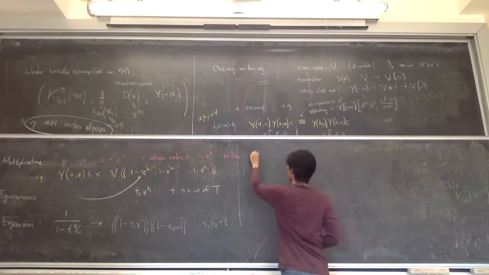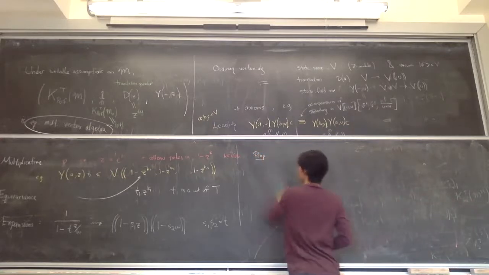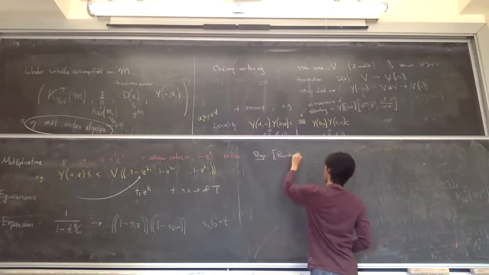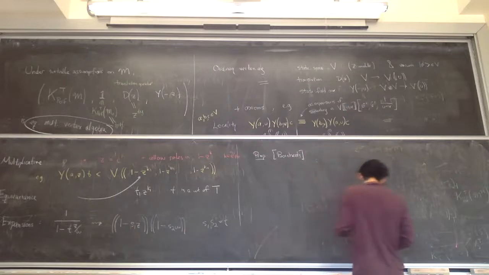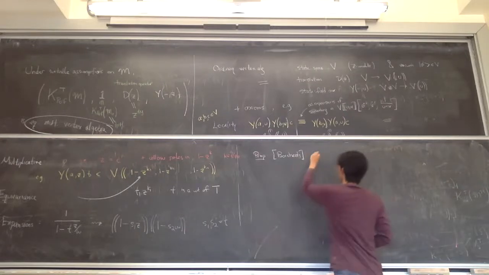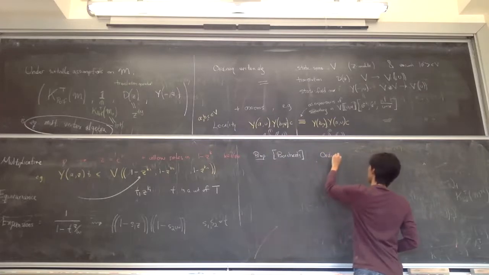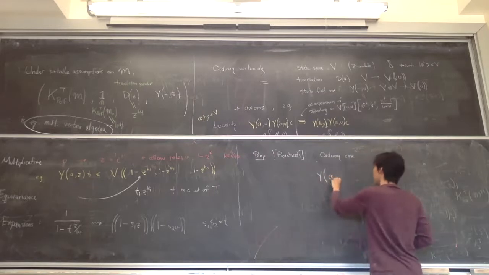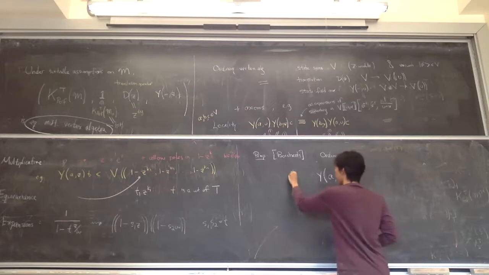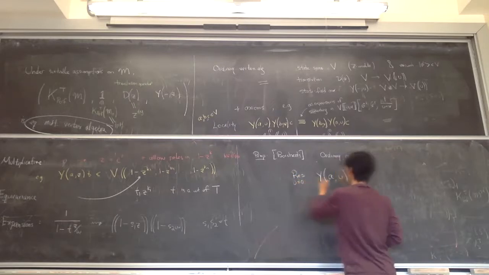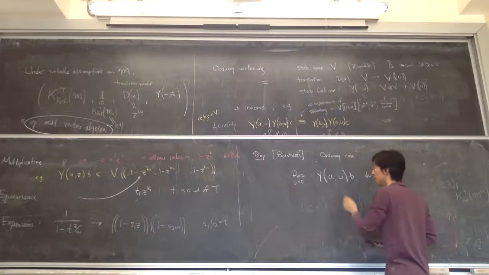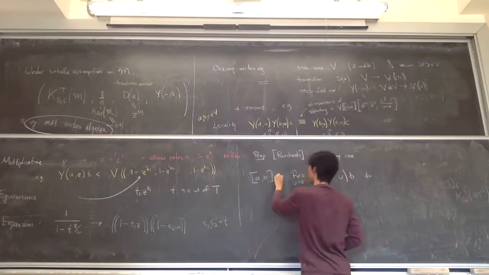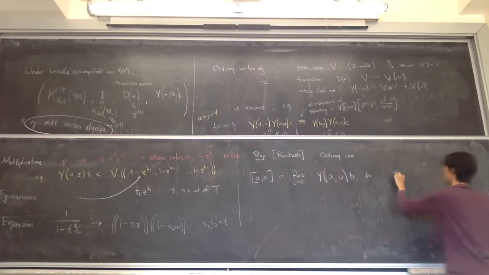So there's a proposition which really dates back to the very beginning of vertex algebras, due to Borcherds, which says that, for the ordinary case, if you take the vertex operation Y(a, u)b, and you take the residue at u equal to 0, this is a Lie bracket, this operation on a, b.